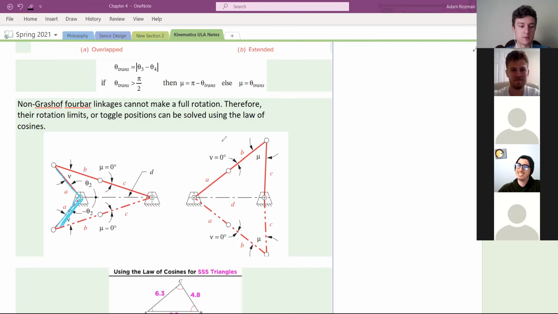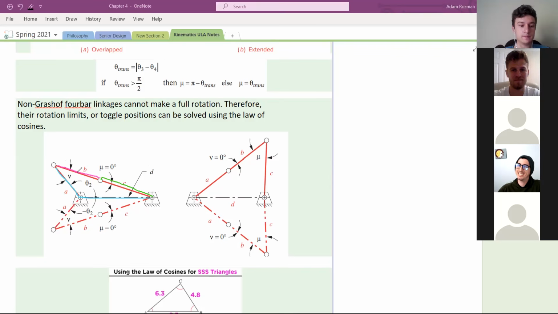So with a non-Grashof 4-bar, in the toggle positions, it basically ends up being a triangle. So you have your link here, and then you have your two links here that are basically in line.